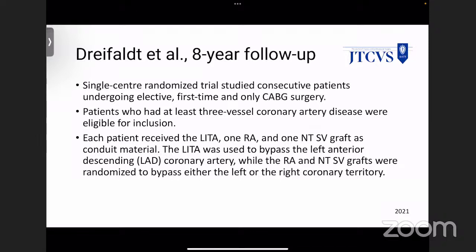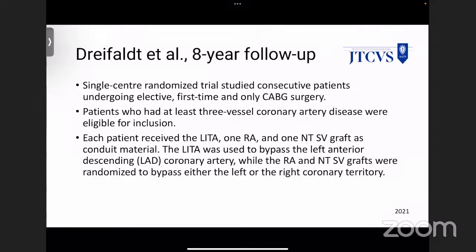They took patients who had elective CABG for the first time, 3-vessel disease, and they gave each patient a LIMA, an RA, and a saphenous graft. So LIMA to the LAD, again, no problem with that. We have no issues with the LIMA.